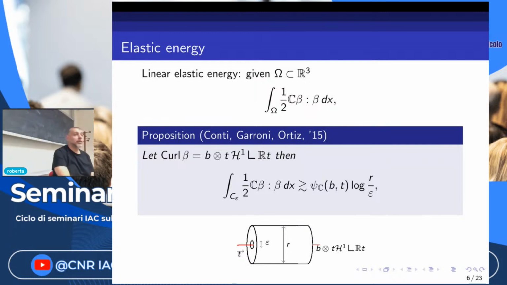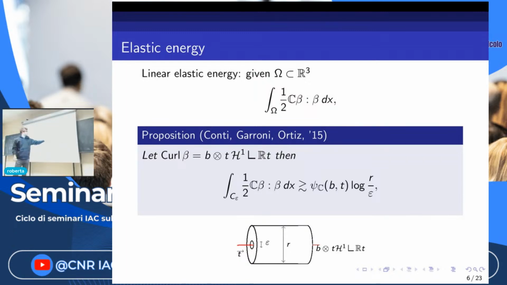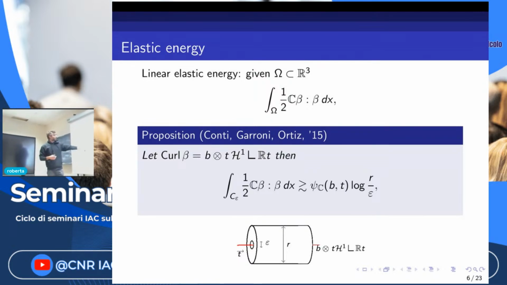But since we have just said that beta is not square-integrable, it is not a surprise that this energy, being quadratic, cannot be finite. In particular, a precise estimate was found by Conti and coauthors in 2015, and they take a dislocation with constant Burgers vector B in the direction T, a straight dislocation line.